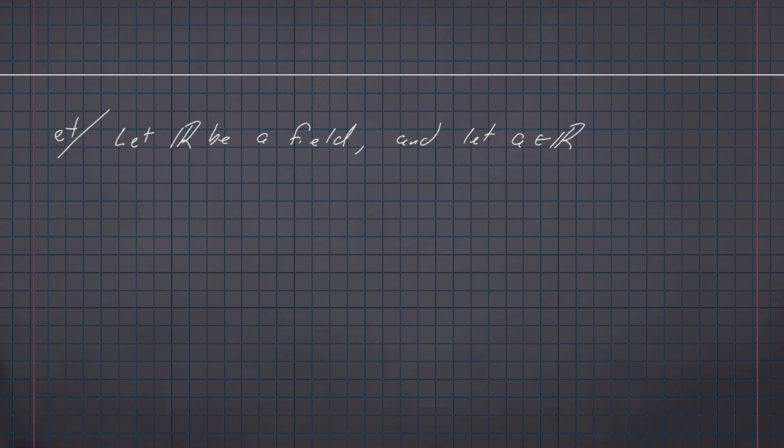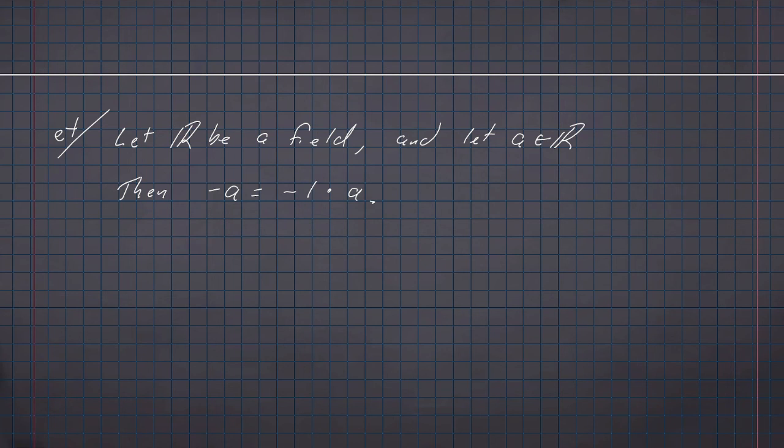Let's take any field R and let's take any element of that field that we'll call A. And our claim is that the opposite of A, the additive inverse, is the same thing as -1 times A. Once again, this is a property that you are very familiar with from your work in previous algebra courses.